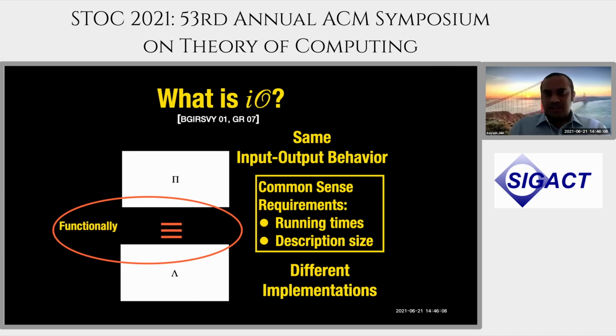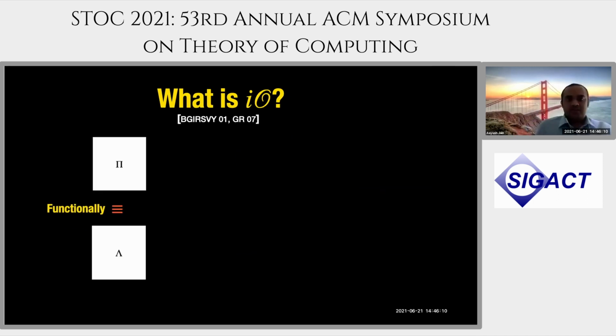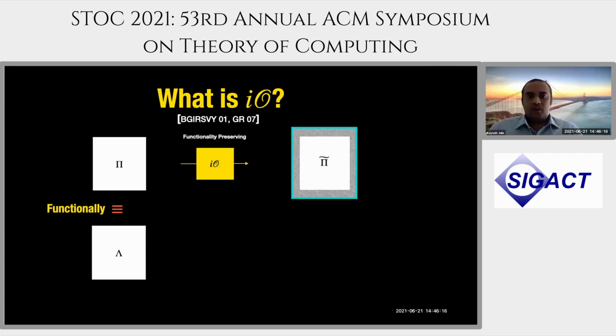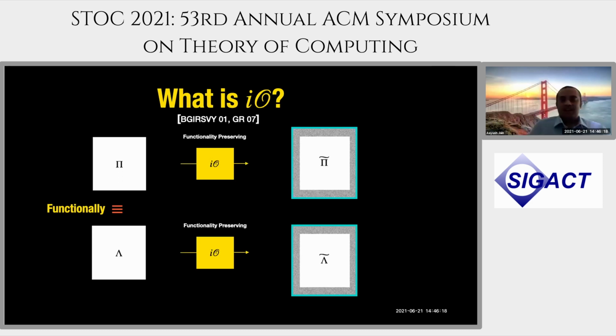So what does IO say? It says that if you have two programs which have the same input-output behavior, but are otherwise implemented differently, then if you obfuscate the two, you wind up getting two programs which are hard to tell apart, or distinguish, by any polynomial time adversary. Okay, so that's the kind of guarantee it gives.